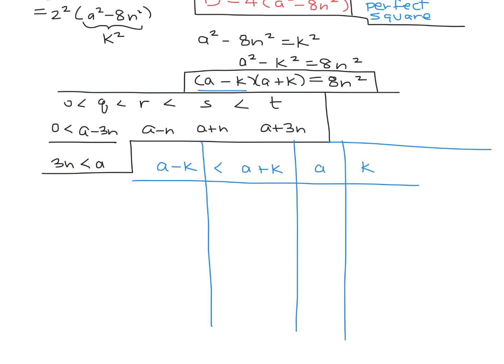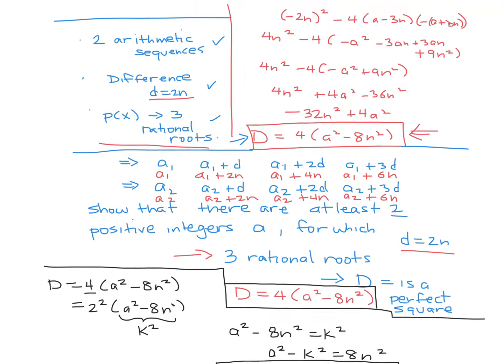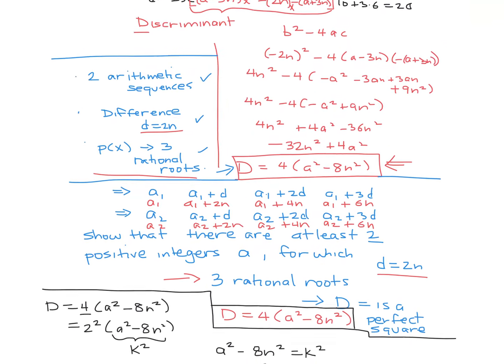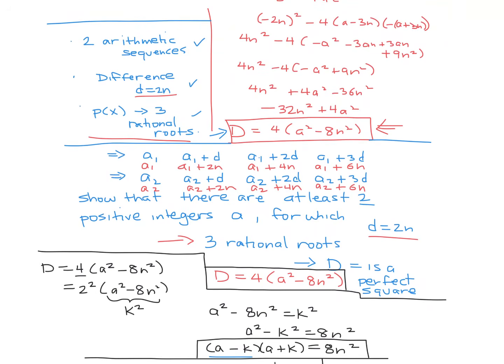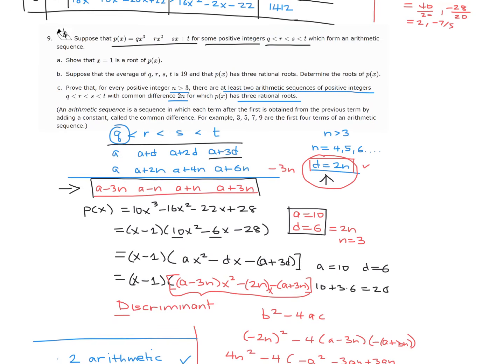So we want integer values for a, right? Because remember, a is representing the first term. As you can see, a is actually representing the value for q, and q is a positive integer.